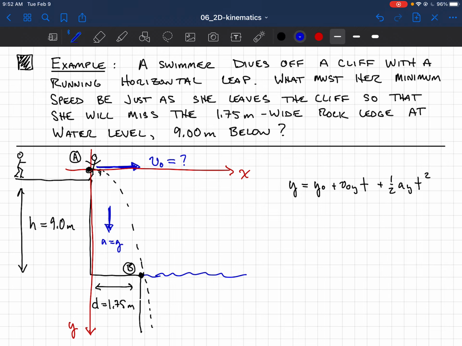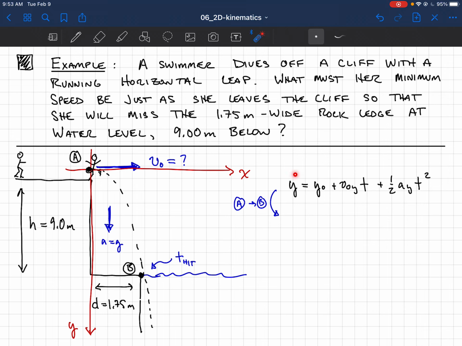And I want to apply that for the motion from A to B. So let's give it time here. Let's call this the time that she hits the water. And time 0 will be the time that she leaves the cliff.